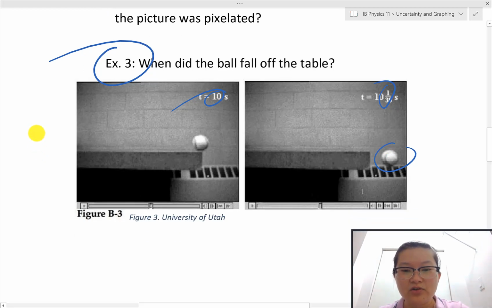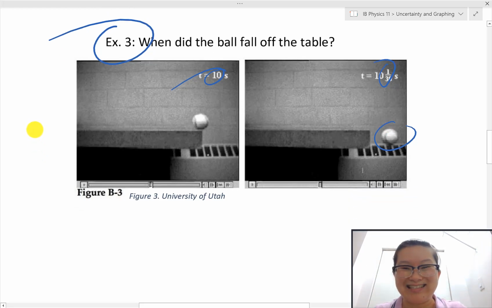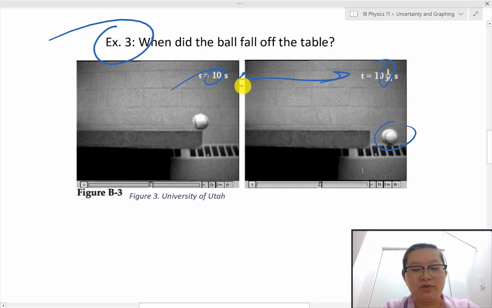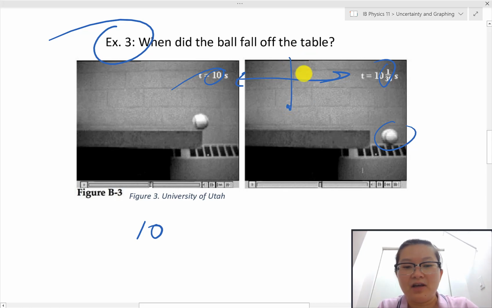So how do we talk about uncertainties here? In terms of when the ball left the table, we know it's somewhere between these two numbers. So we would say, okay, this would be maybe 10 and probably a half of this frame. So what's 1/2 of 30?